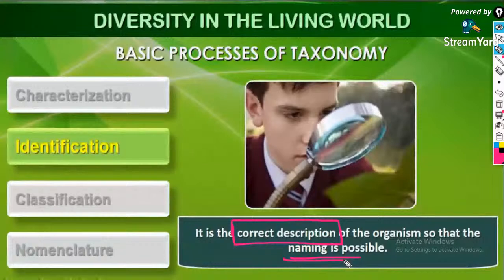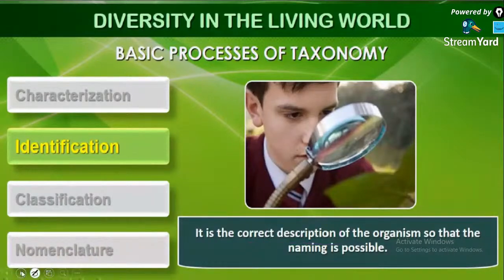So you will be discussing the diversity of living organisms. That is all about identification. Identification helps us to correctly describe the characters of an organism. Characterization and identification are interrelated. Characterization is the process of understanding the basic common characters. Identification is describing an organism correctly with all the necessary information.